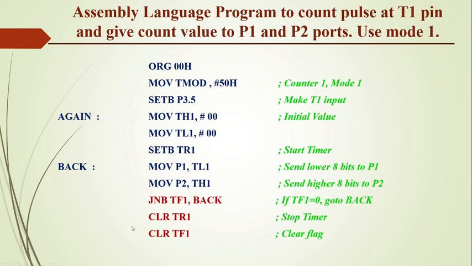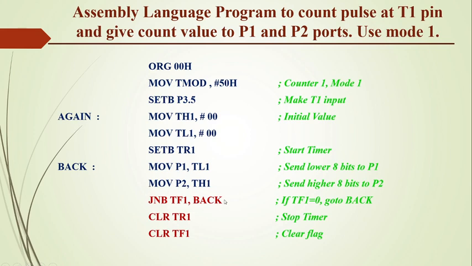And here using the instruction JNB TF1, back, we are monitoring the flag. So when this flag TF1 is 0, go to back. That means continuously read the values available in TL1 and TH1 on port 1 and port 2. We have connected the LEDs to port 1 and port 2, and whatever count is present in these two registers will be displayed on the LEDs connected to these two ports.